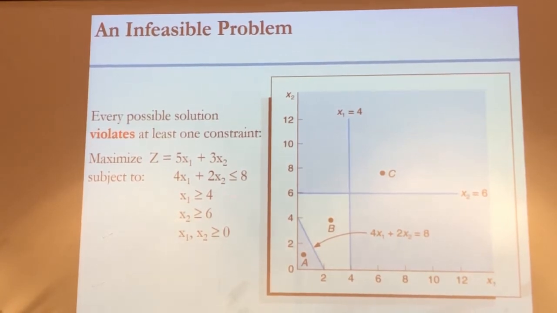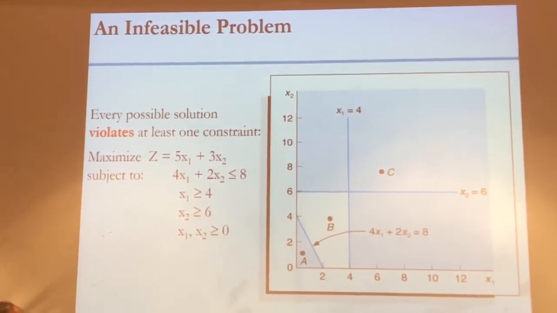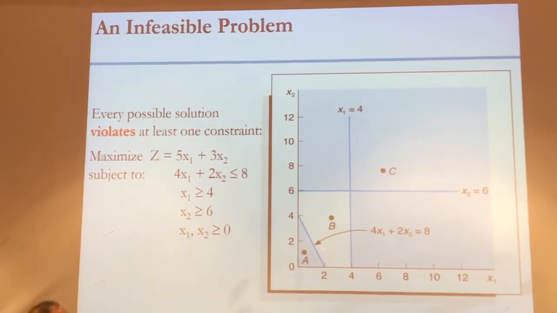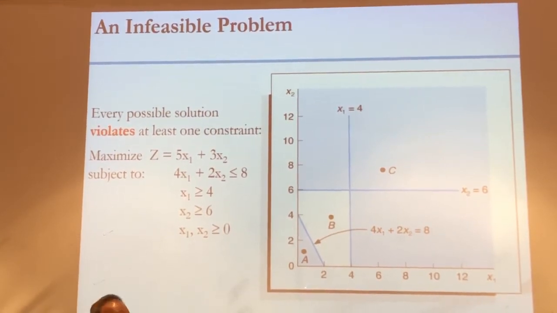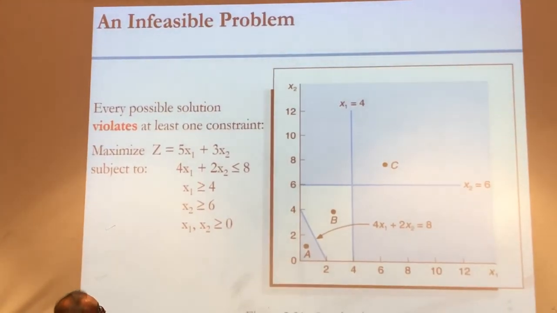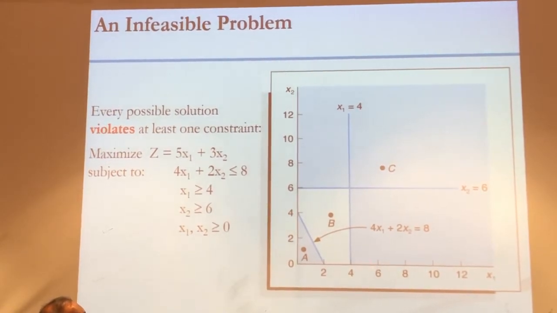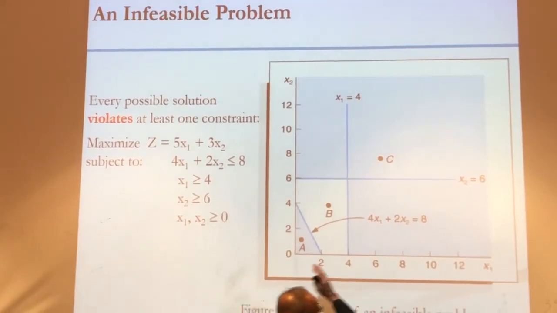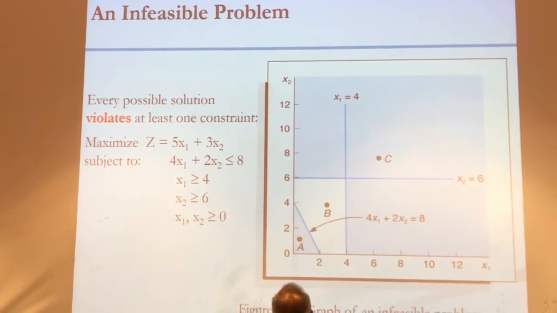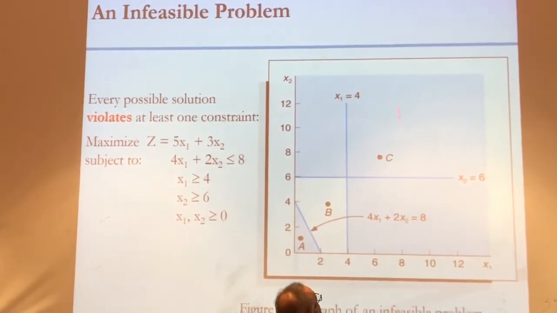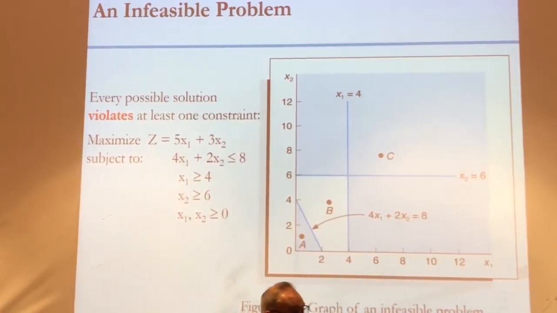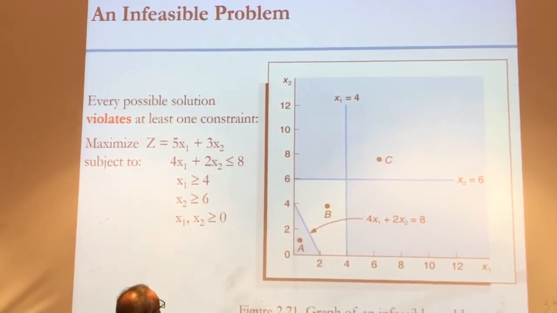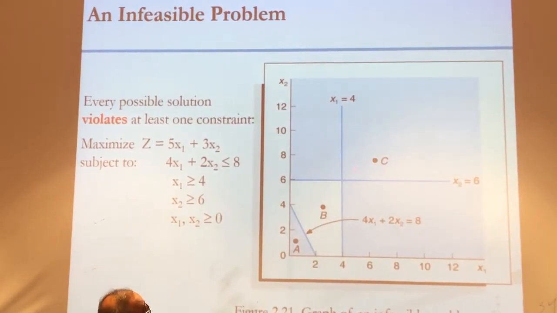We have one constraint, for example, this one says 4x1 plus 2x2 less or equal to 8. This constraint is saying this is the feasible region. This x1 greater or equal to 4 is saying this side is the feasible region, and x2 greater or equal to 6 is saying this side is the feasible region. If these two constraints are there, the feasible region will be this one.